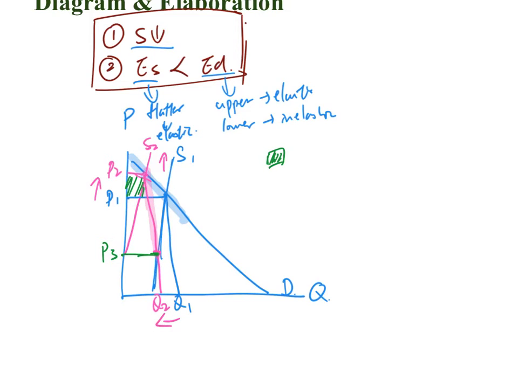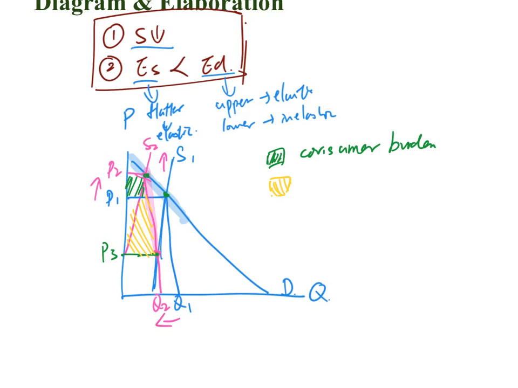Then I can identify the tax burden. These are two parts of the tax burden. In the real examination you cannot use colors, right? So I use different slopes of shading to represent them. The green one, because it's between the equilibrium prices, is the consumer burden.